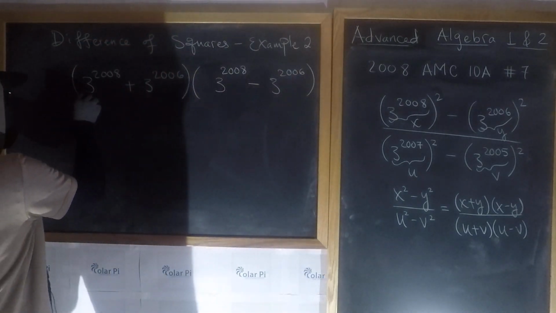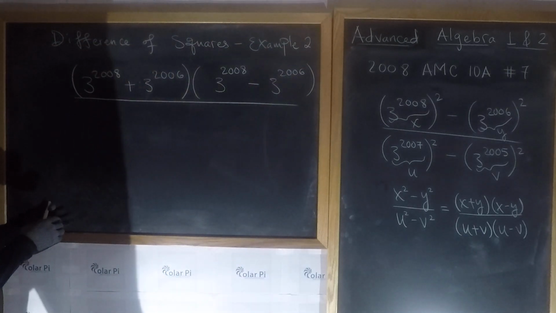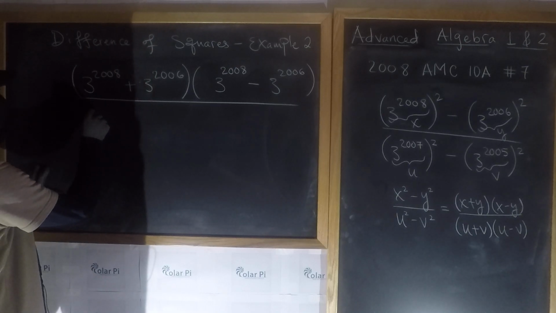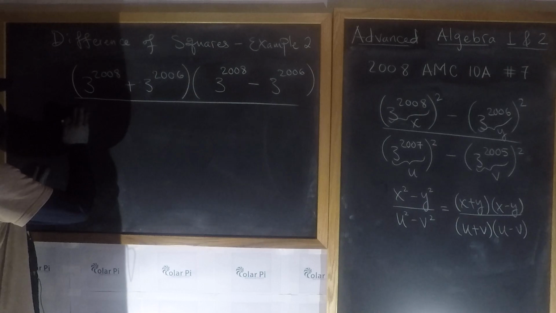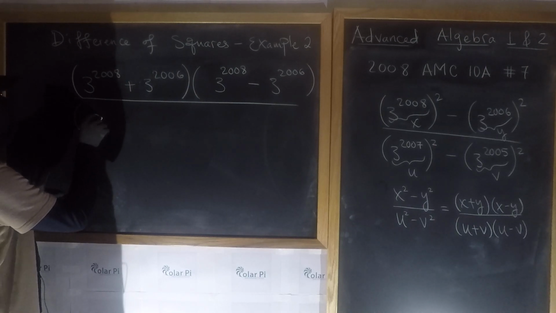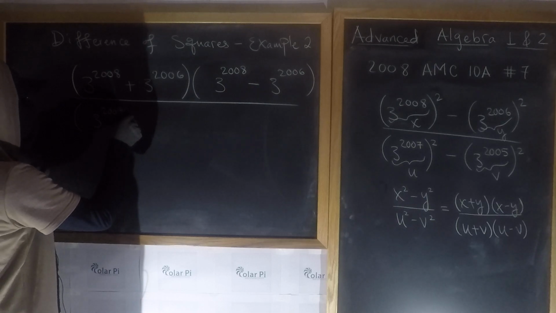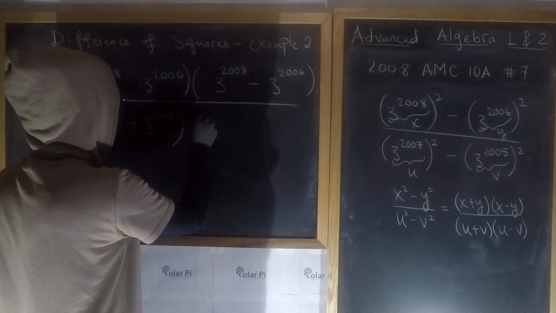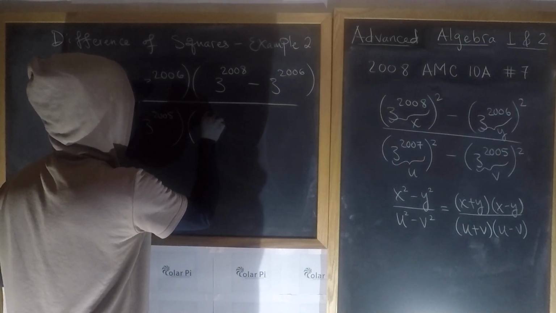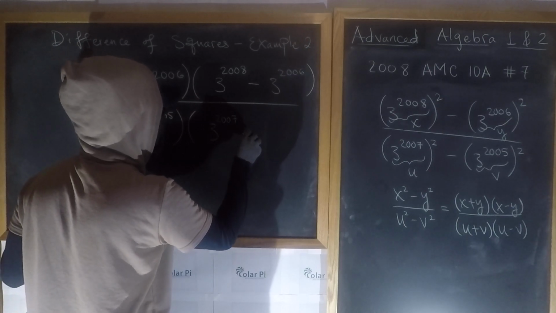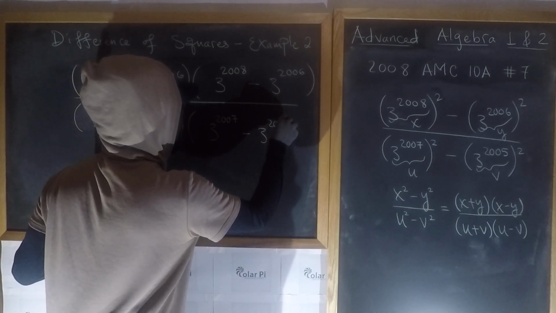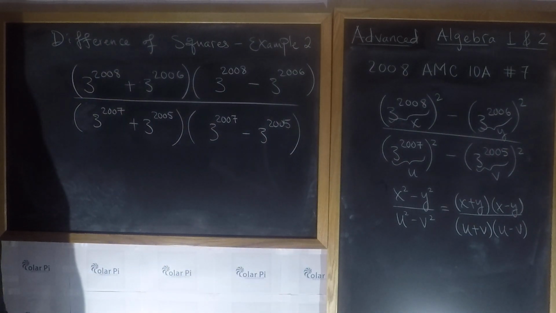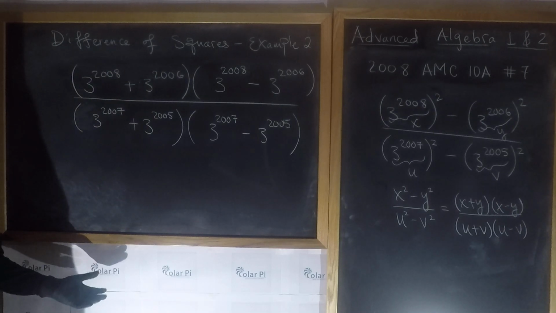So that's the numerator, and the denominator is u plus v times u minus v, so 3 to the 2007 plus 3 to the 2005 times 3 to the 2007 minus 3 to the 2005. After we do this, we can't use difference of squares again.